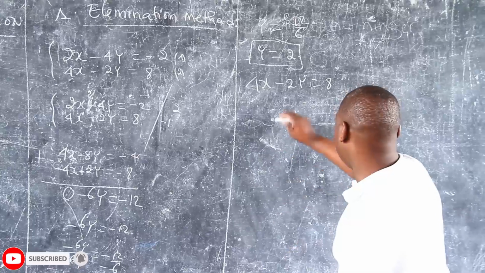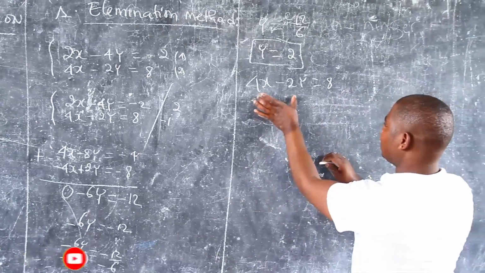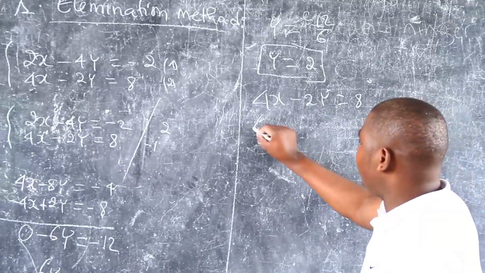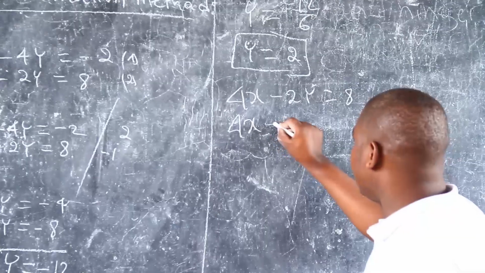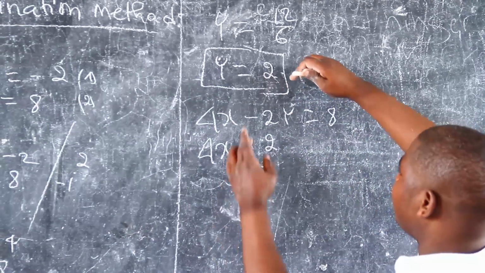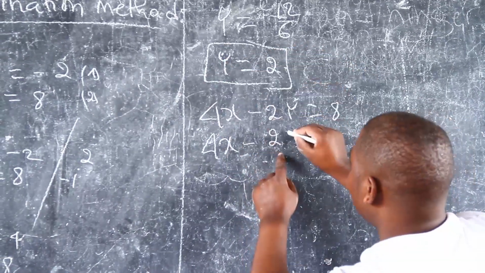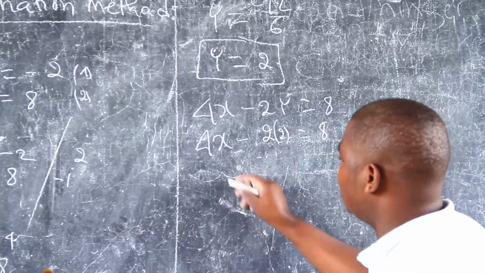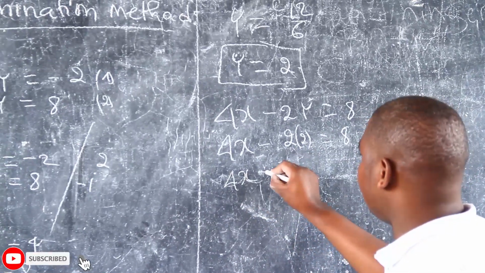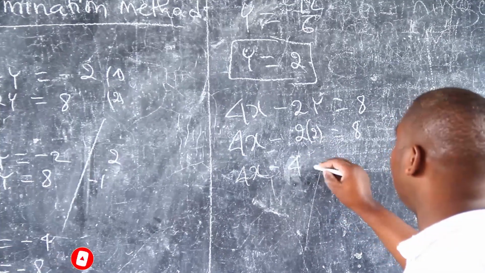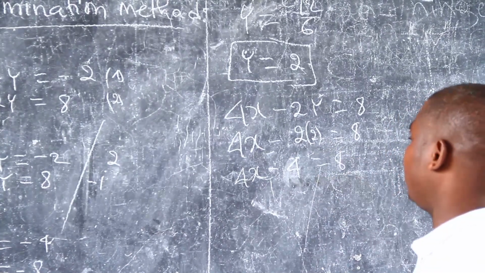Then, if I have this equation and I have the value of y, I'm going to replace here. 4x minus 2, I replace the value of y which is 2, times 2, I find 4x minus 2 times 2 equal 4. Then equal 8.